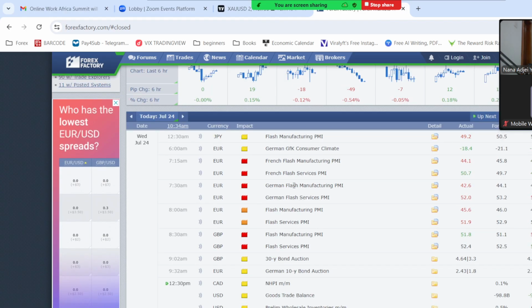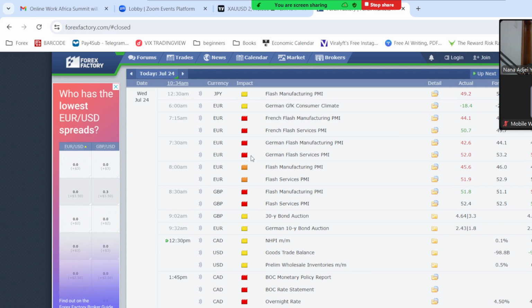We have the date, that is the day that that particular fundamental is going to be released. We have the time, we have the currency that that particular fundamental is going to affect, and then we have the impact. You can see various colors over here. Red impact basically means that particular fundamental is going to have a high impact on that currency.